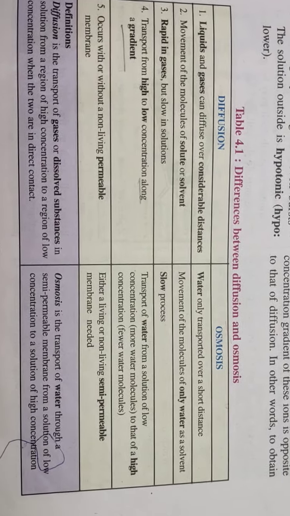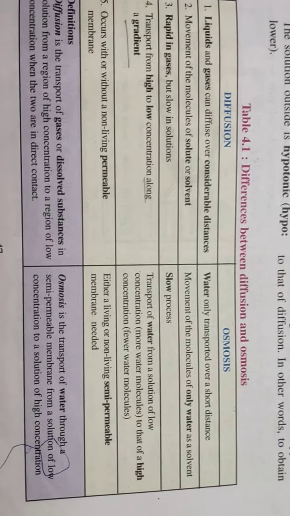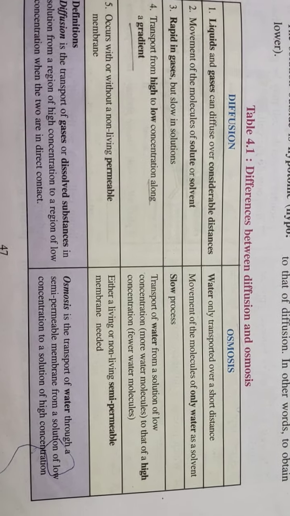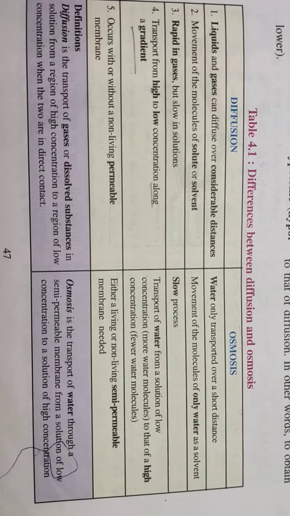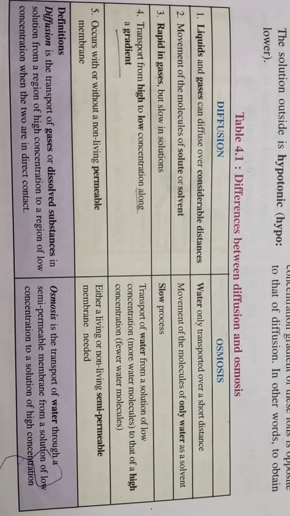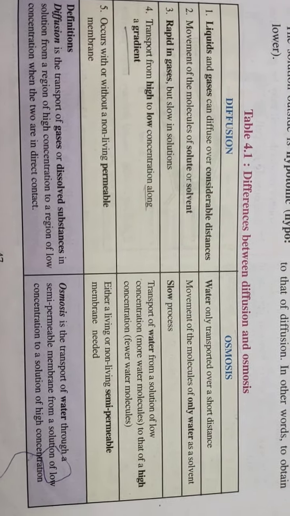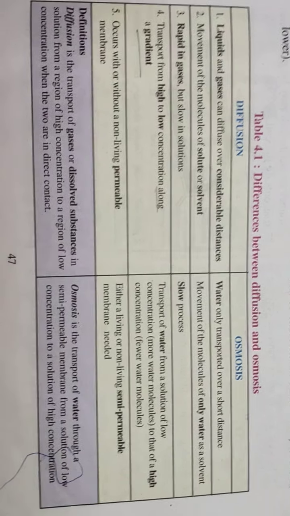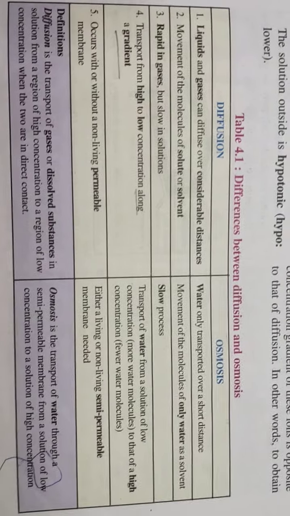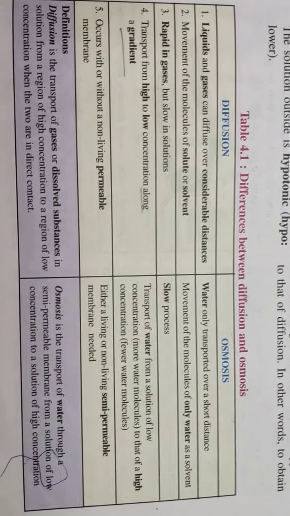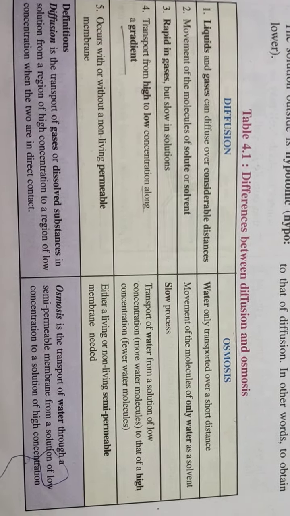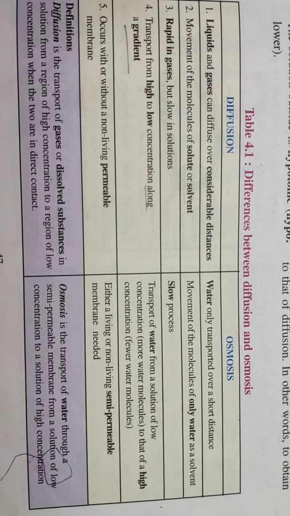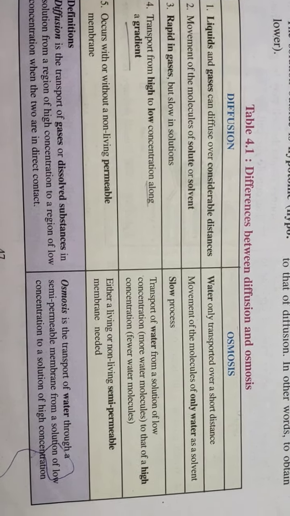Now students, this difference is very very important for your boards. Difference between diffusion and osmosis. They have given 5 points. All the 5 points are important, and even they have differentiated the definitions. So you have to write 5 points in your exams. Now if they have given 6 marks and you have to write 6 points, then you can include the definition part also.